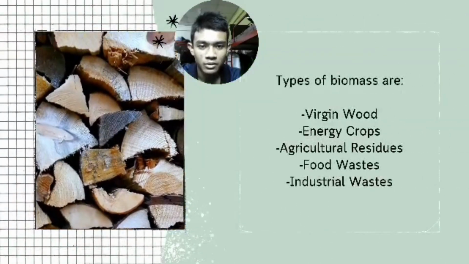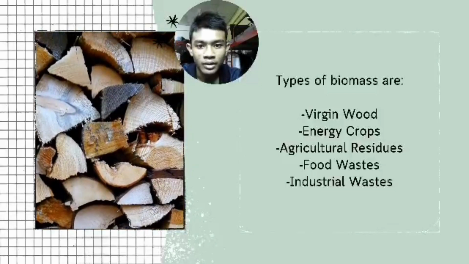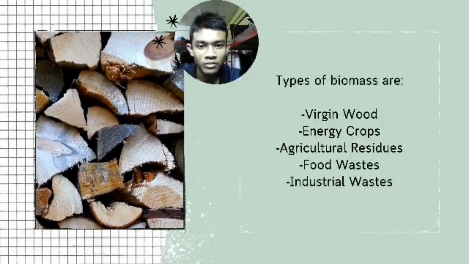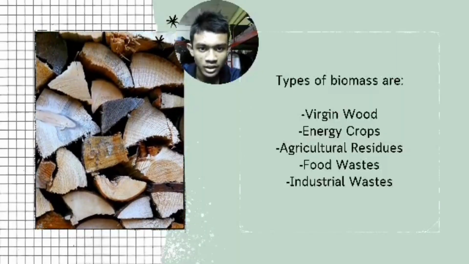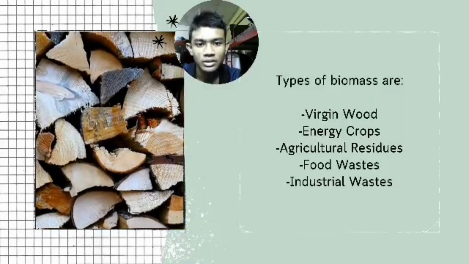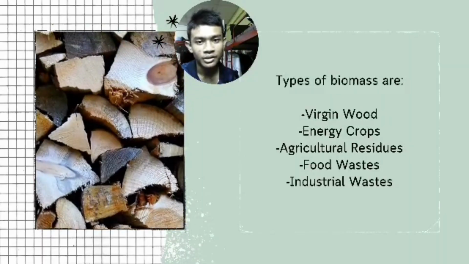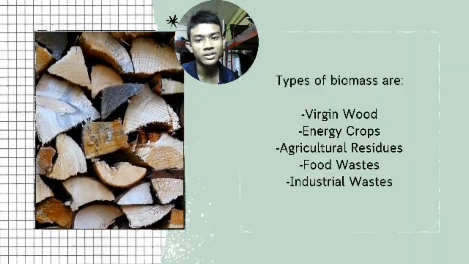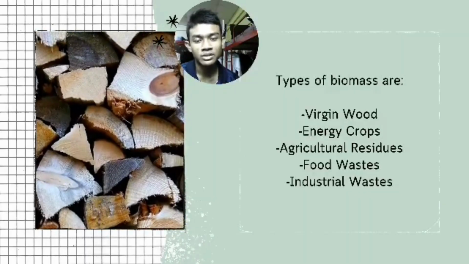As you can see, there are 5 examples of biomass listed over here: virgin wood, energy crops, agricultural residues, food waste, and industrial waste. Virgin wood can be found in the forest and in the jungle where there are many dead trees and living ones.